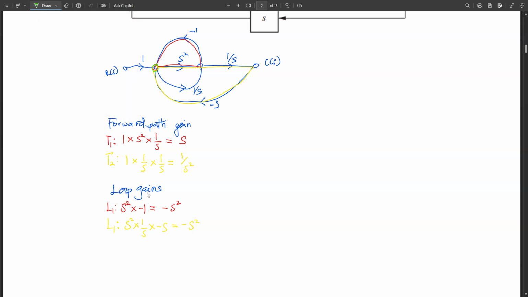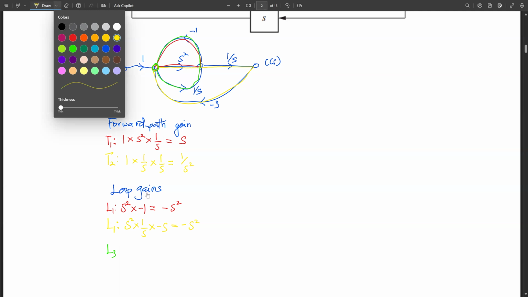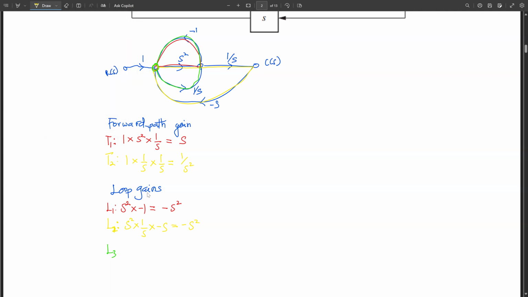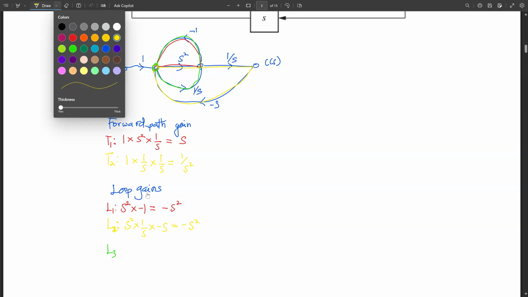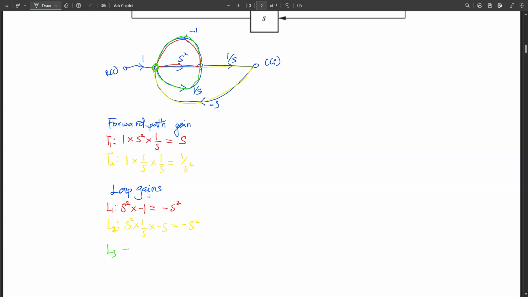I start from the same node here. I move here. Consider I'm tracing the signal flow, and I end up on the same node. So my L3, so it is supposed to be L2. My L3 is going to be 1 over S multiplied by minus 1, which is equal to minus 1 over S.